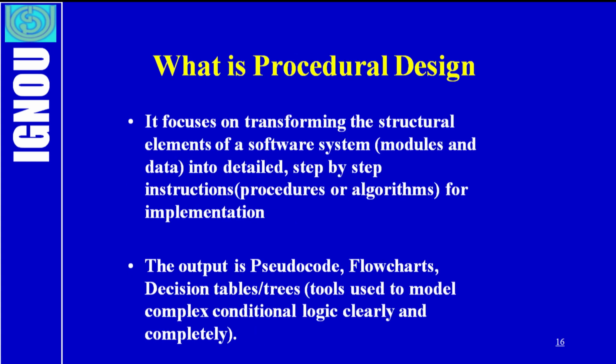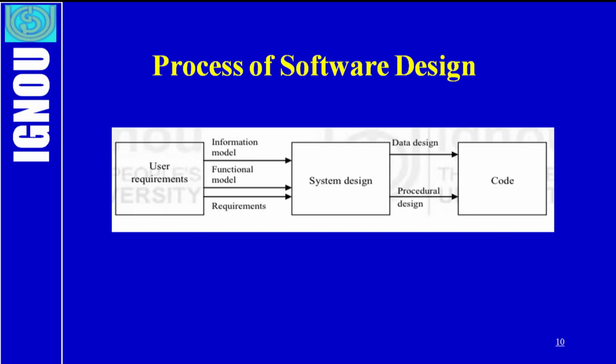Now what is procedural design? Whenever we are discussing procedural design, one very important thing is that if you look at the diagram, here you can see that we had information model, functional model, and requirements, which are input to the system design. And the output is the data design as well as procedural design.